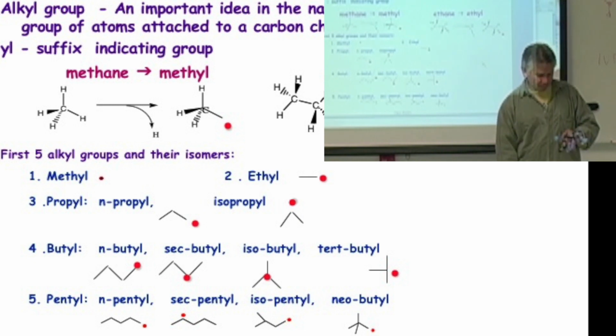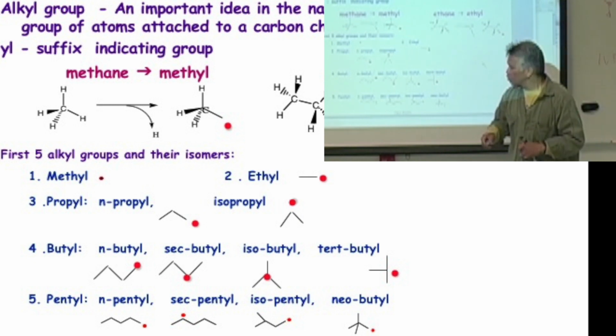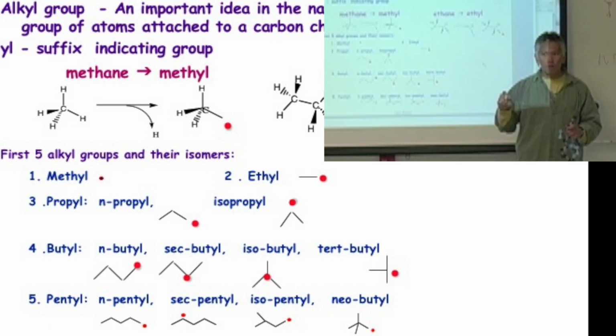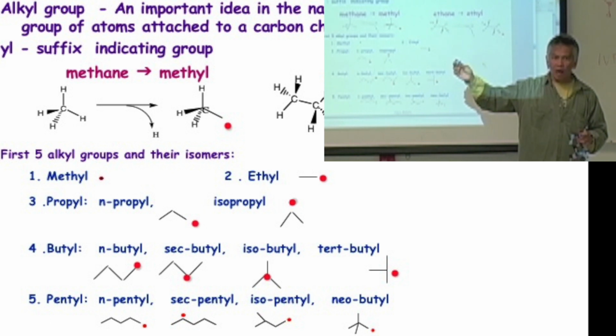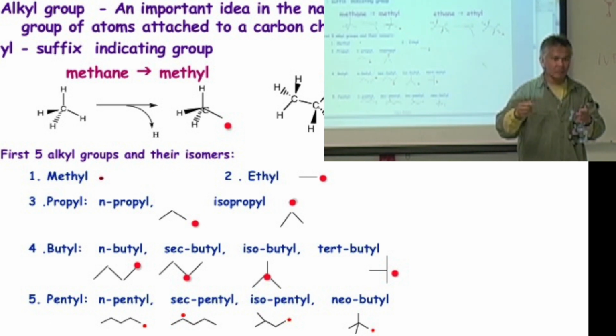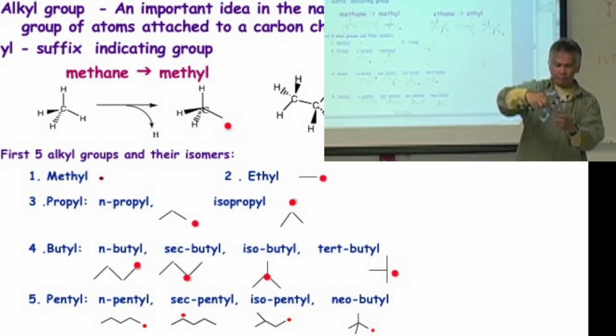Before we move on to this IUPAC nomenclature, let me just introduce groups. Groups are clusters of atoms that are going to be hanging off an organic compound. If you look at this black backbone right here, this could be a very long organic chemical.